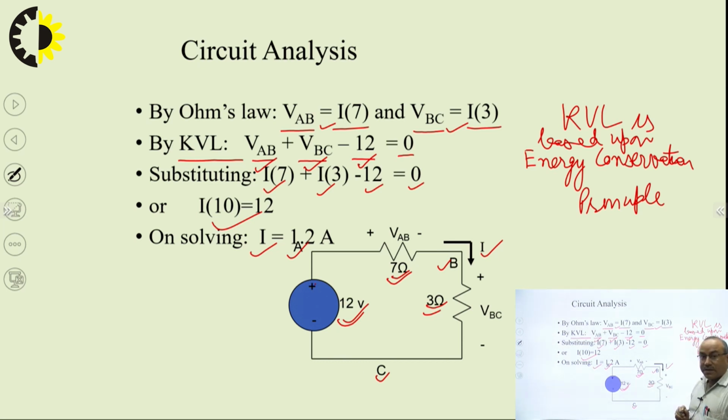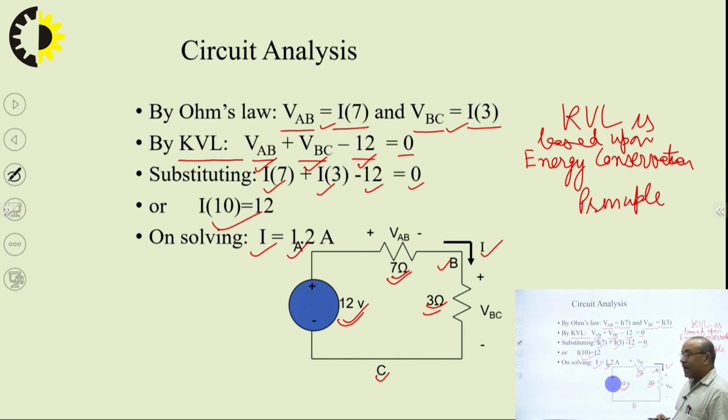These are passive elements, and we have already discussed what is an active and passive element. So that means in this loop, whatever is the electrical energy delivered by the active element, same is the energy supplied to these passive elements of 7 ohm and 3 ohm resistance. So there is no loss of energy at any point or at any place in this loop.